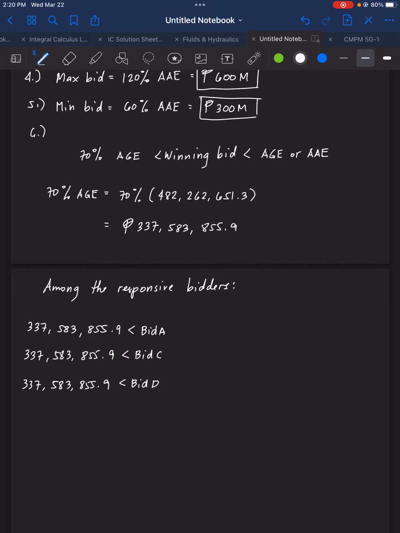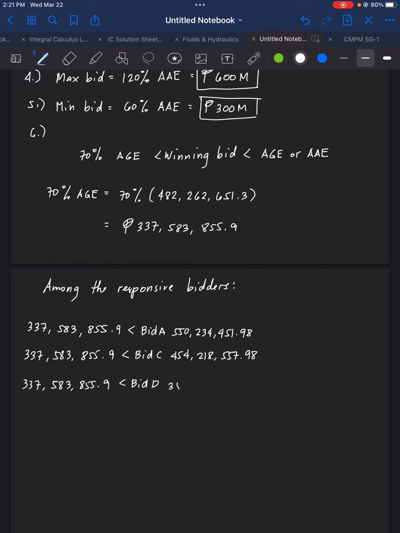The value for bid A is 550,234,451.98. Then this one is 454,218,557.98.